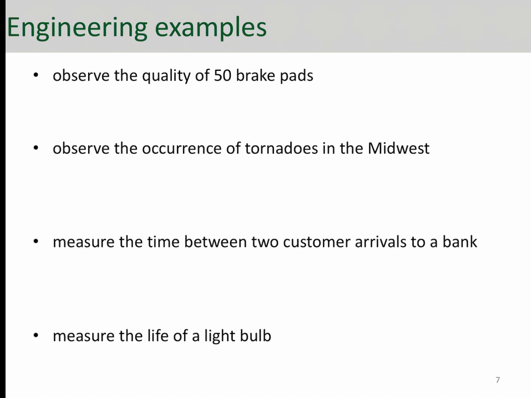And every time that you repeat this experiment, you're going to have a different number of defectives, and it changes randomly. So it's a random experiment, and you're defining a random variable of your interest, and that's the number of defective pads. And for this random variable, the range is from 0 all the way to 50, right? It can be all of them or none of them.